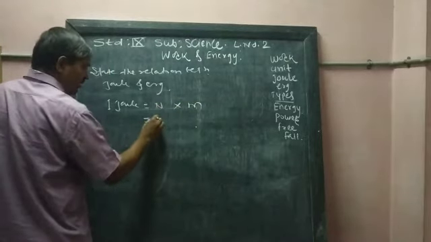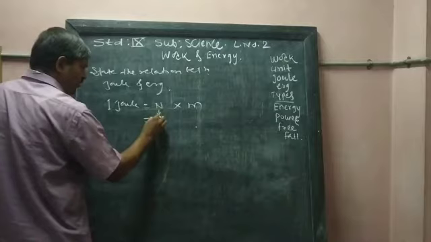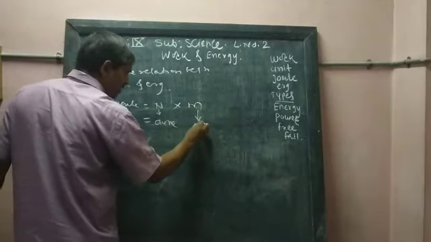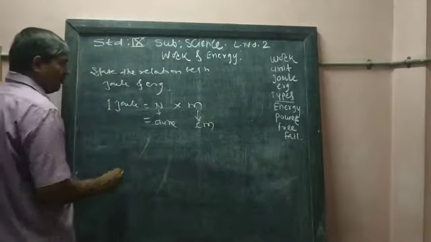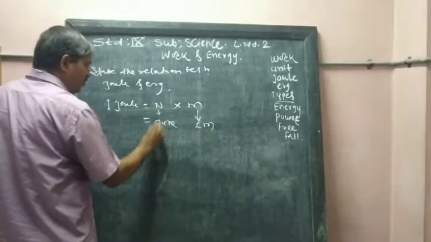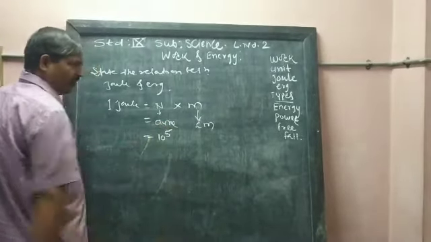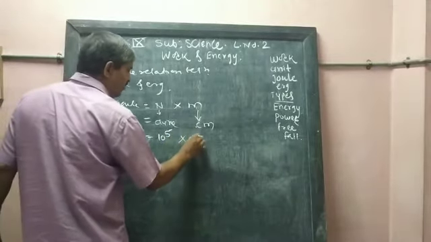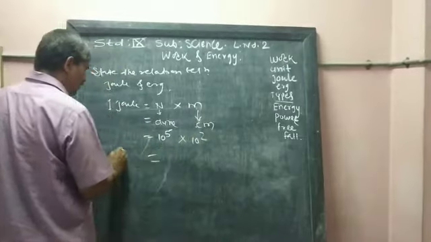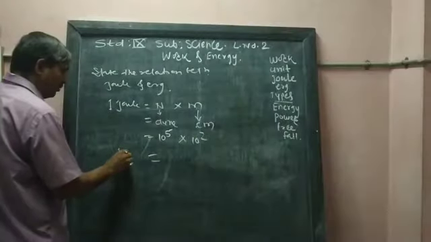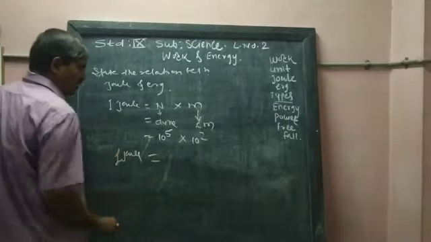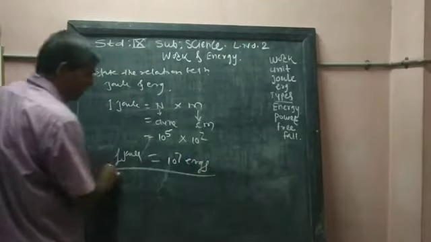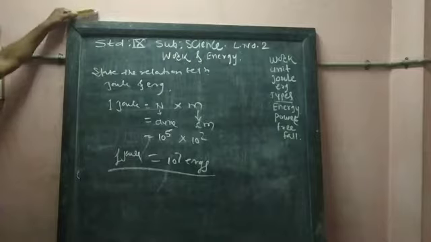Then Newton is converted into dyne and meter is converted into centimeter. Then 1 Newton means 10 raised to 5 dyne, and 1 meter means 10 raised to 2 centimeter. So 1 joule is equal to 10 raised to 7 ergs. Understand? That is the relation between joule and erg.